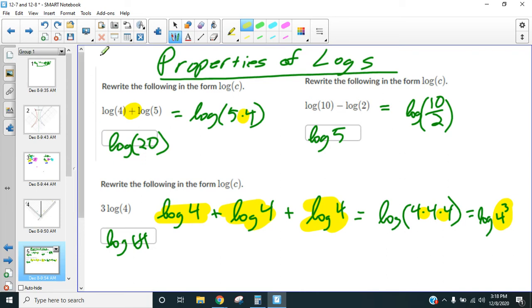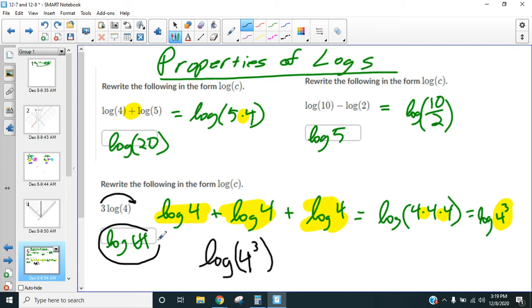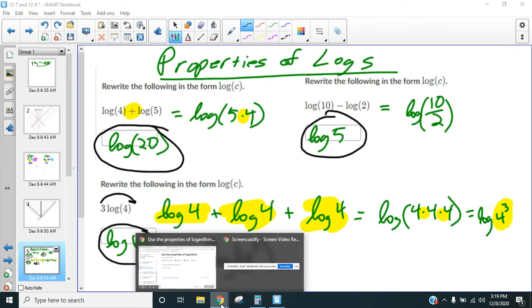So the shortcut really is to ignore all that stuff and say, all right, this 3 will end up here. It'll end up like log of 4 to the third. And then I can simplify 4 to the third, and I can say it's the log of 64. I don't have to type this stuff in. The way I have them written in the boxes is the way that Khan expects the answers to be written.